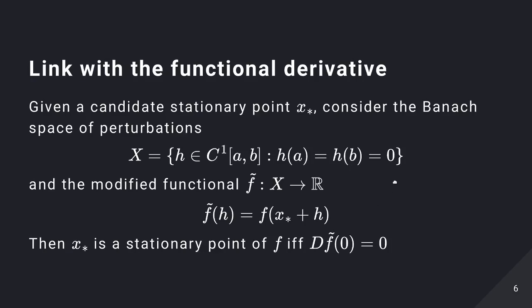So maybe you're trying to find a curve between points xa and xb, and you're trying to minimize either the length or the energy it takes to get there, then h would be how much you swivel around your solution.